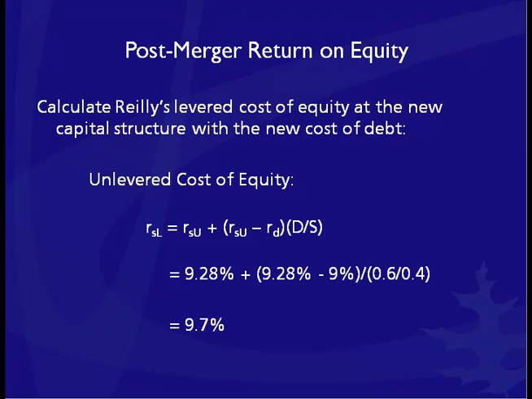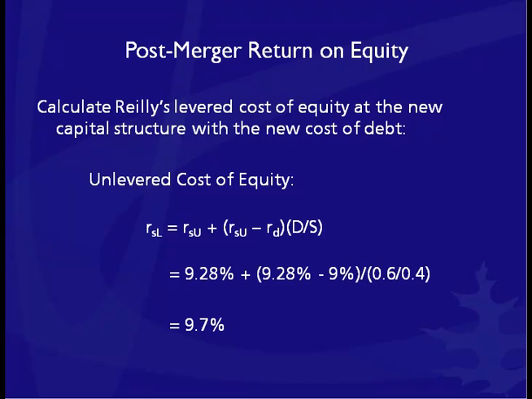So, using the other version of the unlevered cost of equity formula, we first take the unlevered cost of equity of the target company that we calculated as being 9.28%, and then we add to it the 9.28% minus the cost of debt multiplied by the ratio of D to S. And when we take the ratio of D to S and multiply it out, we come up with 9.7%.